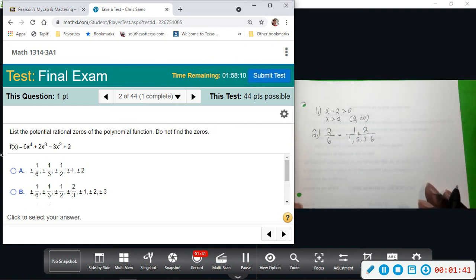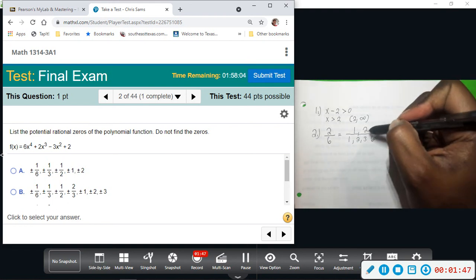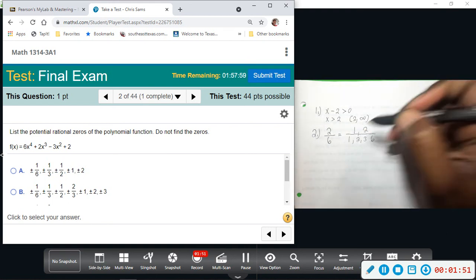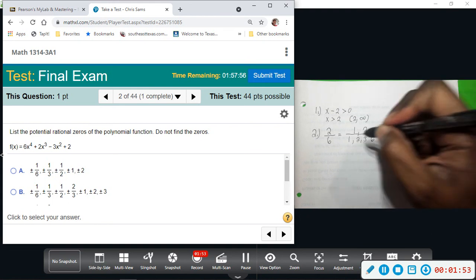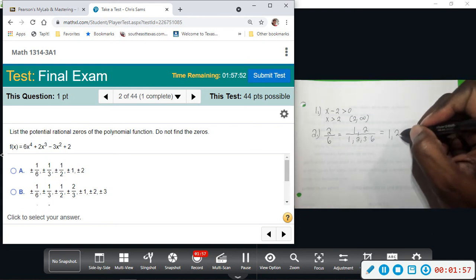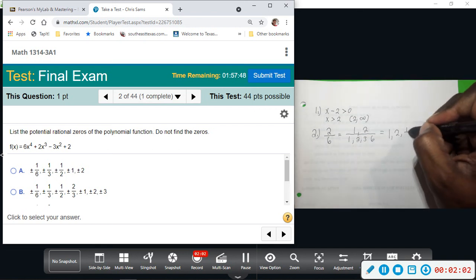In order to find the possible rational zeros, we need to take every number on top, divide by every number on bottom. So 1 divided by 1 will give us 1. 2 divided by 1 will give us 2. And then 1 divided by 2 will give us 1/2.